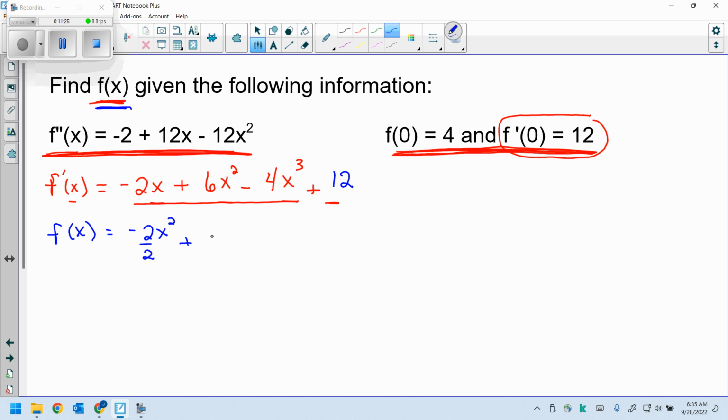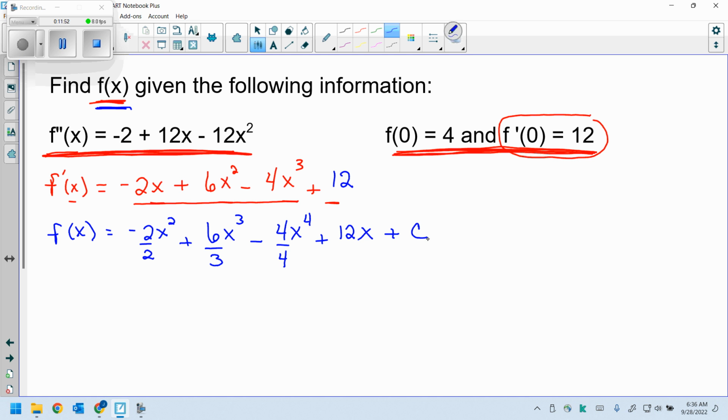Plus 6 x cubed over 3. Again, a lot of people just doing that in their heads, writing the 2 immediately. 4 x to the 4th over 4. Plus 12x.